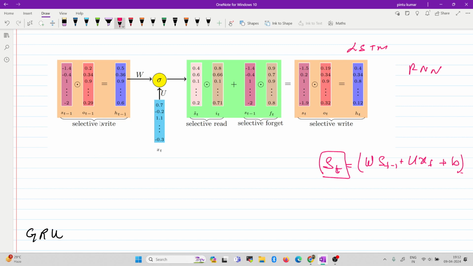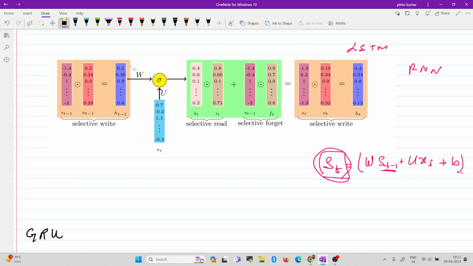First of all, from your previous time step, you won't have s t minus 1, you will have s t minus 1 dot o t minus 1, that is your h t minus 1, right? Then that h t minus 1 is used to calculate this s t dot i t. That thing is added to your s t minus 1 dot f of t to obtain your s of t. So the way you calculated your s of t has been modified in a better way in your LSTM.